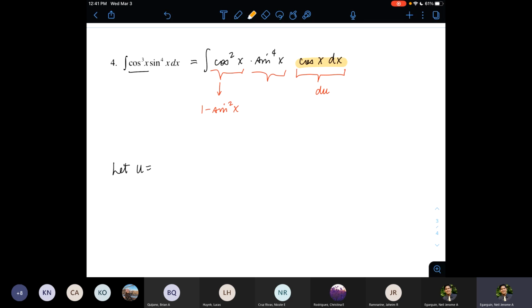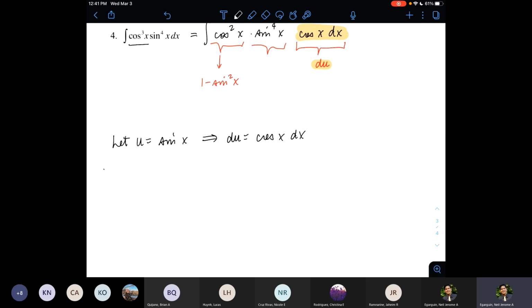Remember, we reserve a cosine x dx for our du. So expectedly, we will let u be equal to sine x so that we can use that reserved factor for the du.